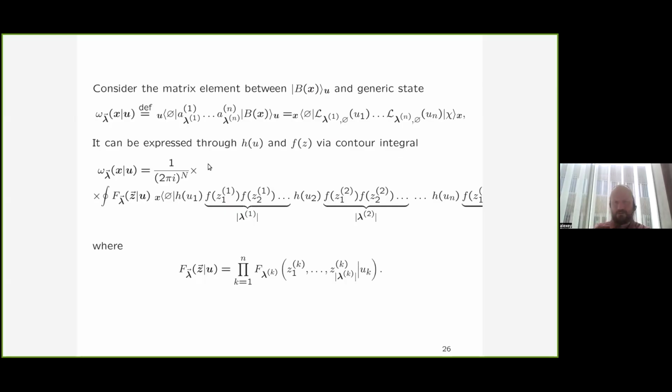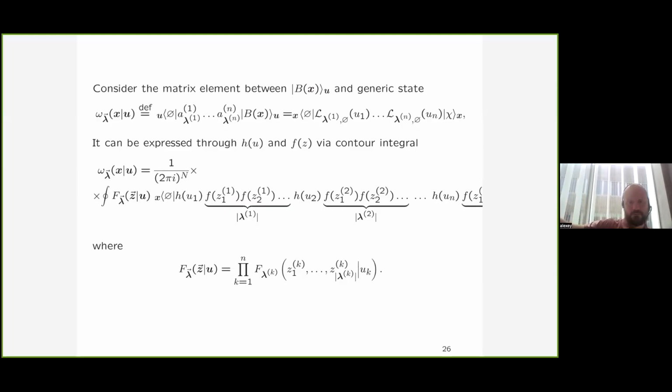Let me explain it. What is written here? So I'm saying that this weight function is rather explicit but in fact a very complicated function. There's some rational explicit function f times the matrix element of the following form. You cannot see all of it, but you can guess the pattern. So you have h times product of f's, and then again h and products of f's, and it is repeated n times, and at the very right side you have the chi state.